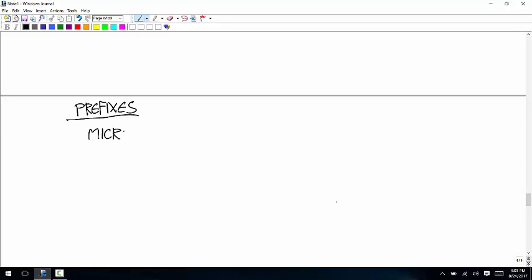Micro, its symbol is the Greek letter mu, and you can think of it as meaning times 10 to the minus 6.